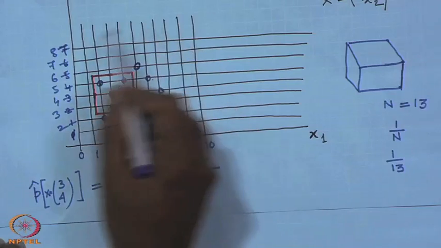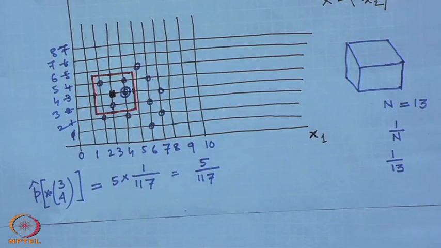So, this is p of x given omega 1 into p of omega 1. Similarly, p of x given omega 2 into p of omega 2. Out of these products, whichever is more, the unknown feature vector x will be classified to the corresponding class.